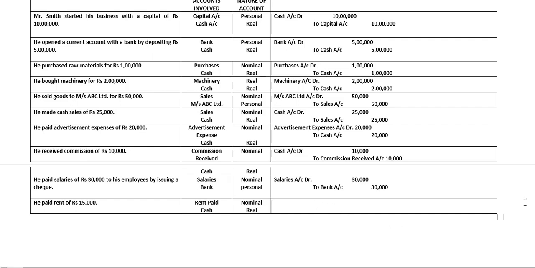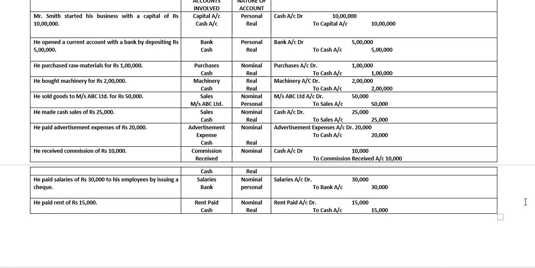So again, all expenses are debited, so rent paid account debit with transaction amount of 15,000, and cash, since cash is a real account and it's going out of the business, credit what goes out, so to cash account credit with transaction amount.